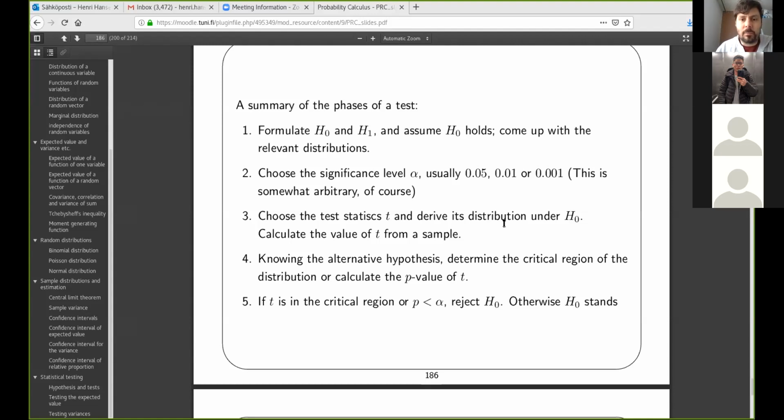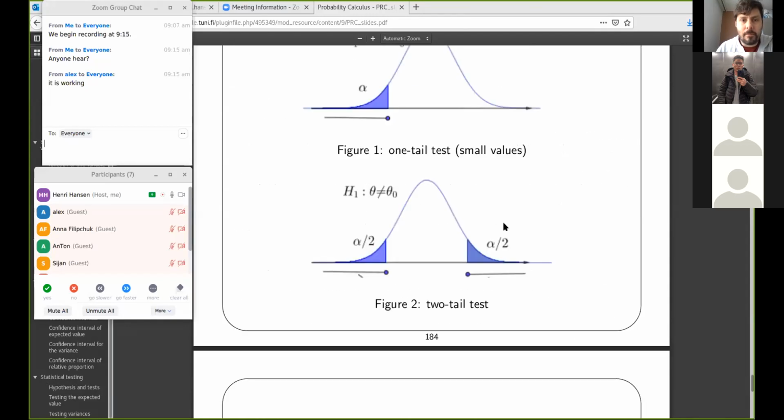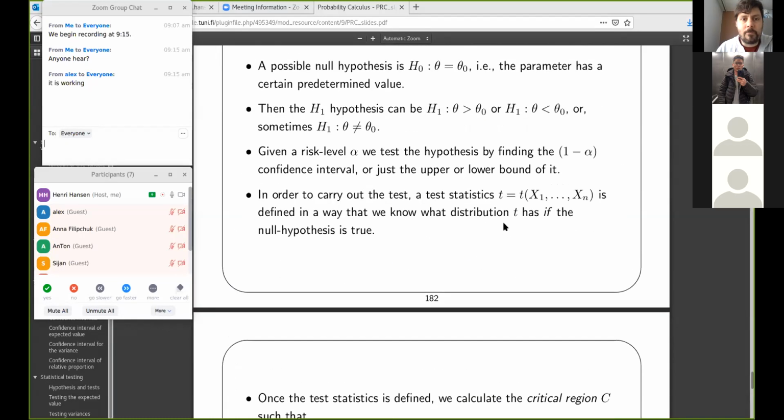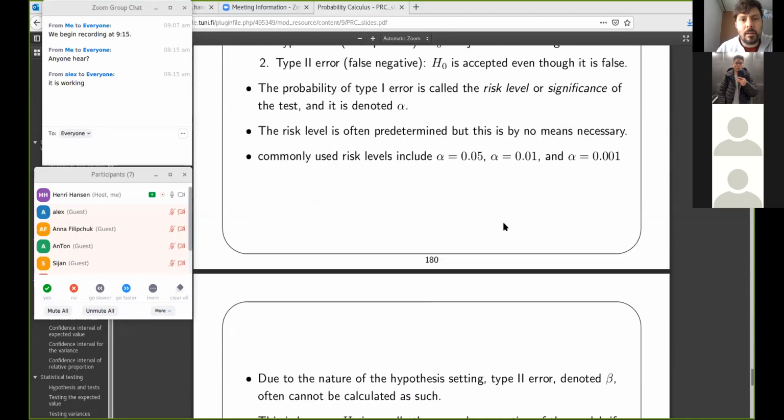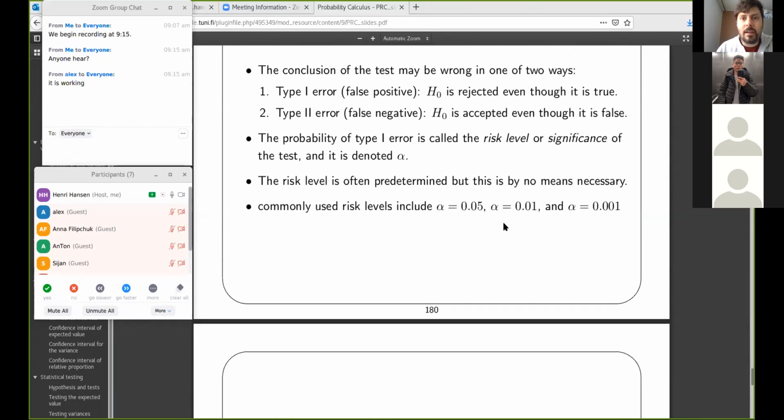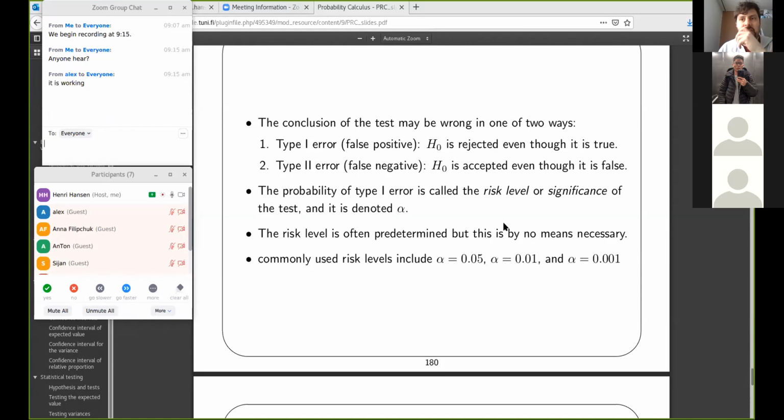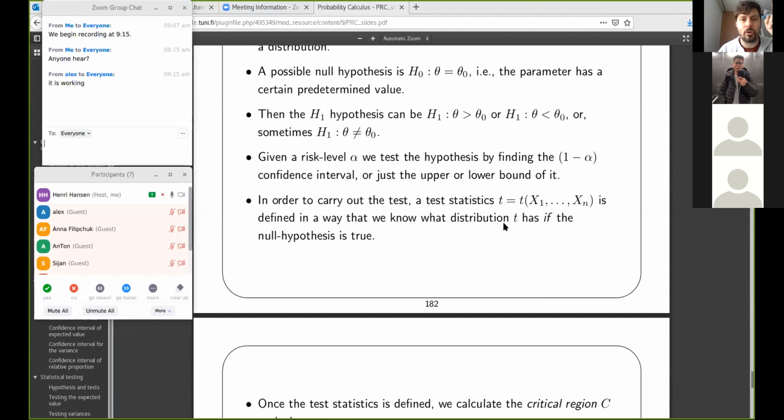Type 1 error is that we reject the null hypothesis even though it should be true. So the conservative assumption is rejected, and the alternative hypothesis is accepted, even though the null hypothesis is true. This is the probability that we can control.